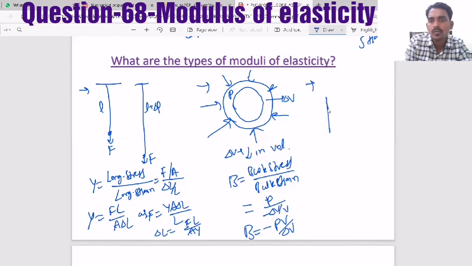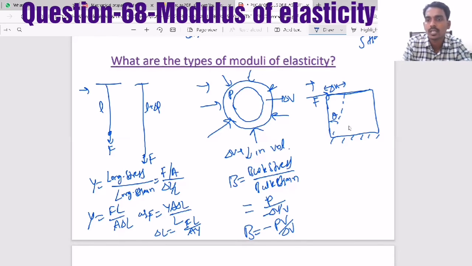And the third one: when you consider a cubical body fixed at the bottom and apply a tangential force parallel to the top surface, it will get shifted by some angle theta. That means the top edge will move by some distance delta x.